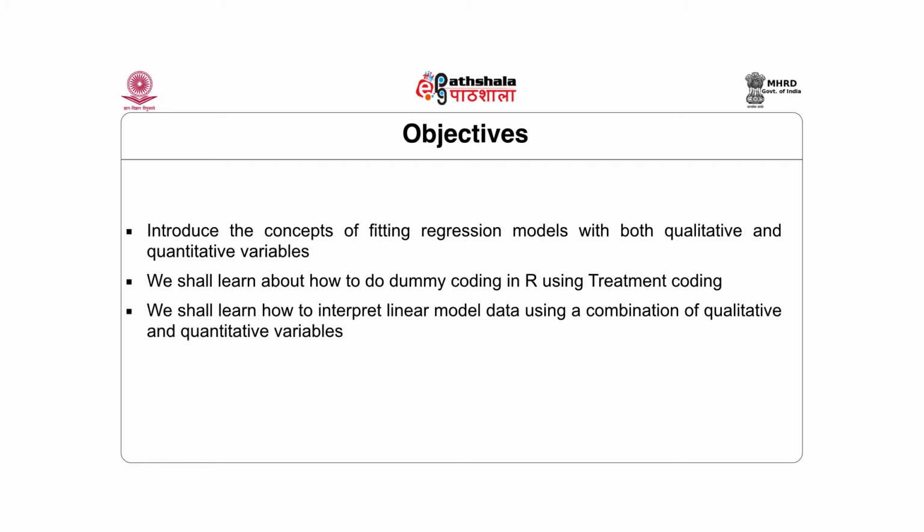The new thing that we're going to learn here is known as dummy coding. And the technique that R uses in dummy coding in this context is known as treatment coding. So we'll learn a little bit about that, and we'll learn how to interpret the linear model output with this.